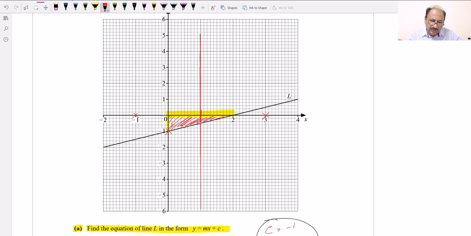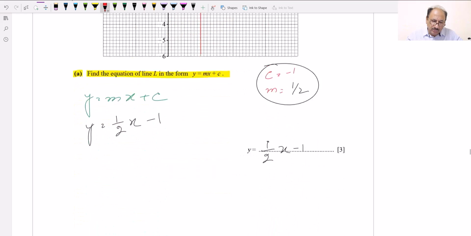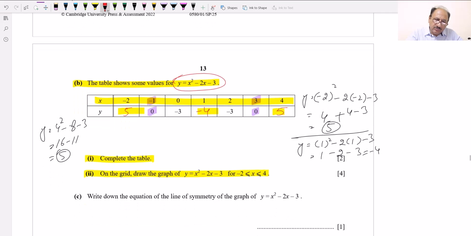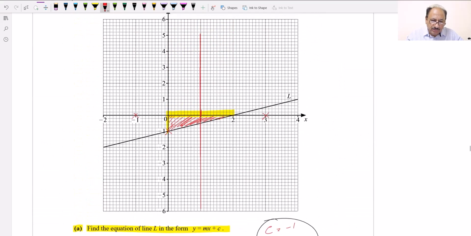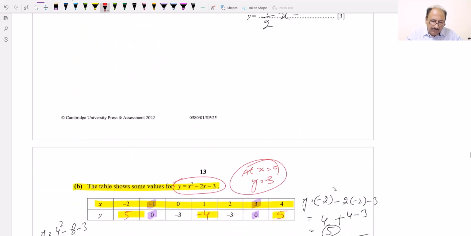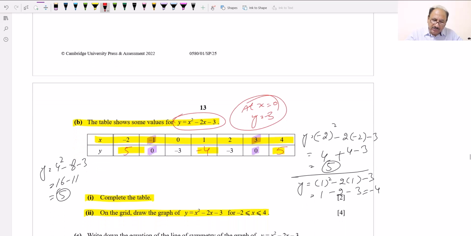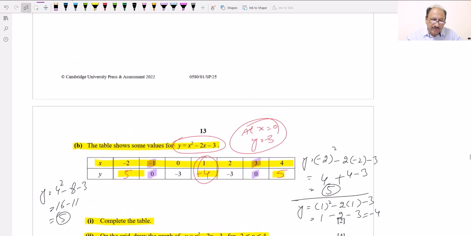At x is equal to 0, y is equal to -3, so the graph is passing through this point also. And at x is equal to 1, y is equal to -4.